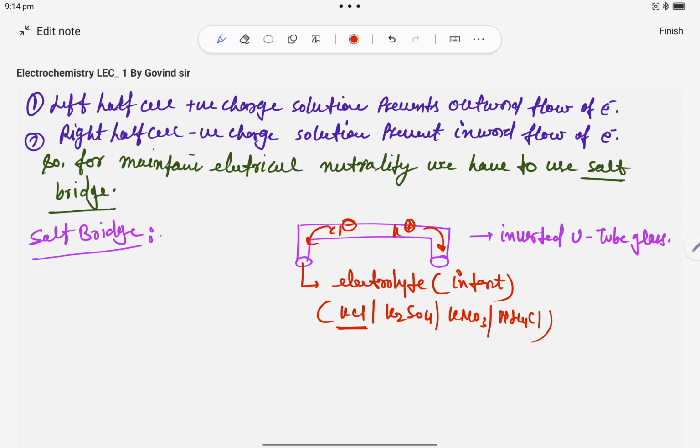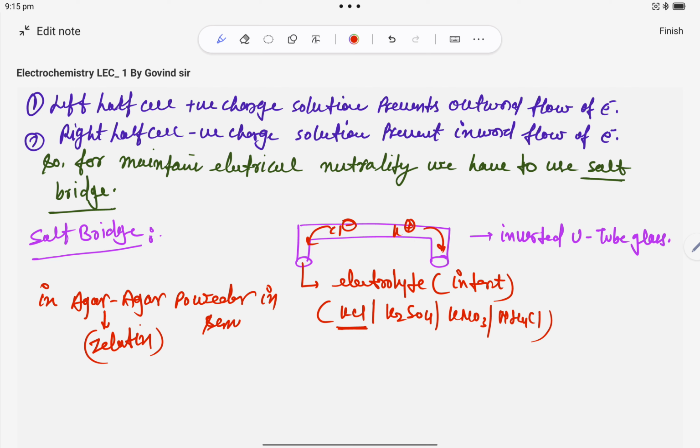It is not used directly. That electrolyte is used in agar powder, or in that place you can use gelatin also, in semi liquid state.